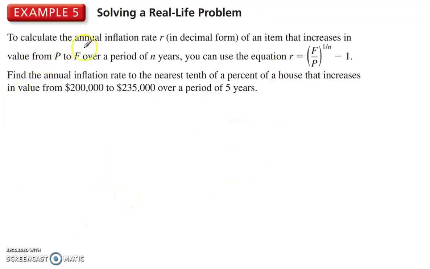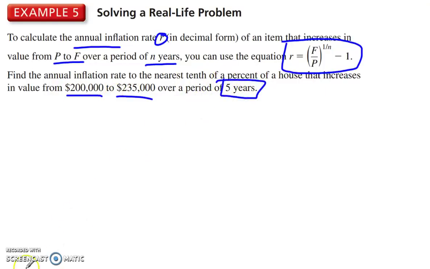Okay, we want to calculate the annual inflation rate, R, in decimal form of an item that increases in value from P to F over a period of n years, and we can use this equation right here. We want to find the annual inflation rate to the nearest 0.1% of a house that increases in value from this to this amount over a period of 5 years.